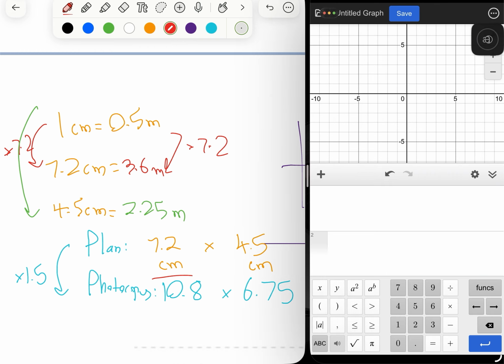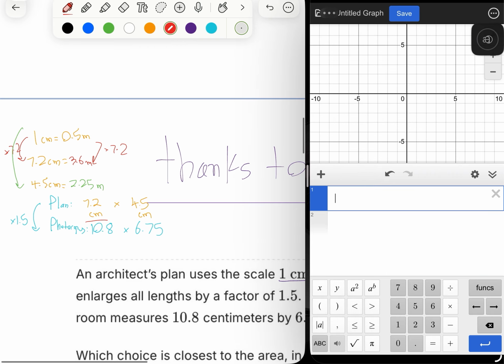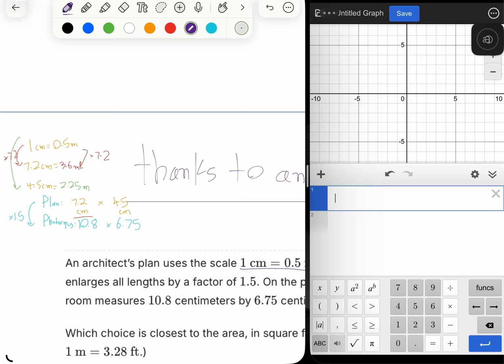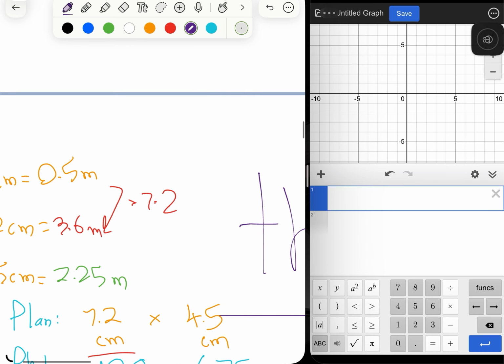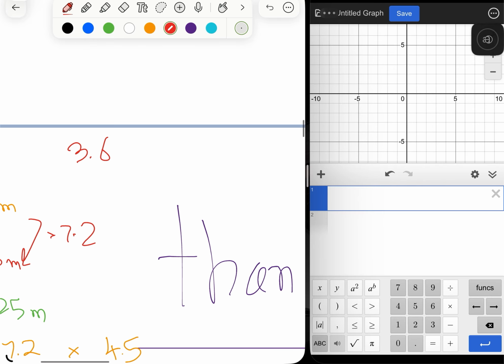All right, so now what we have is the area or the dimensions of the room in meters. We have 3.6 by 2.25.